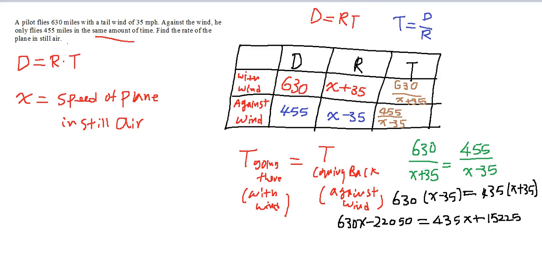Now I'm going to isolate x, so I'm going to subtract 435x on both sides. 630 minus 435, I get 195x minus 22050 is equal to 15225.